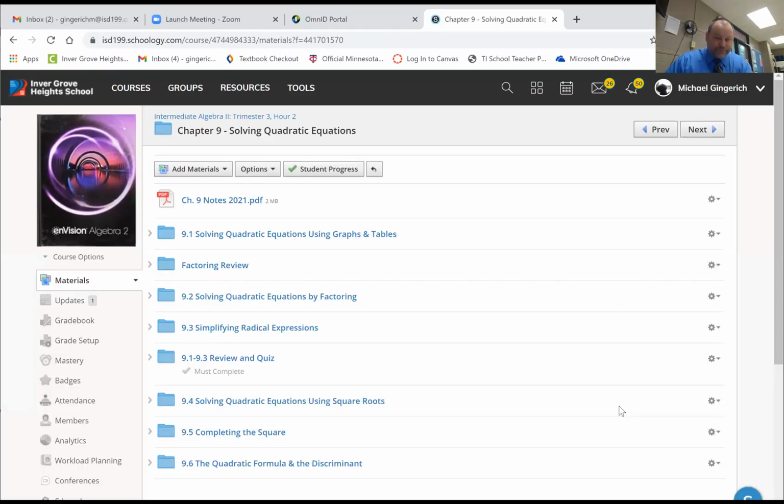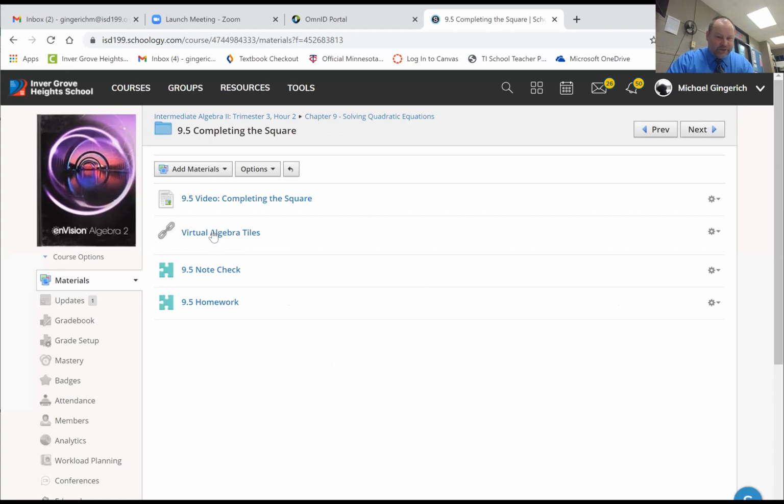So if you go to the Schoology page and click on the completing the square folder, there's this virtual algebra tiles, and feel free to use them if they are helpful in doing your work. Some people find it helpful, others don't need it, but it's there. It's an option for you.